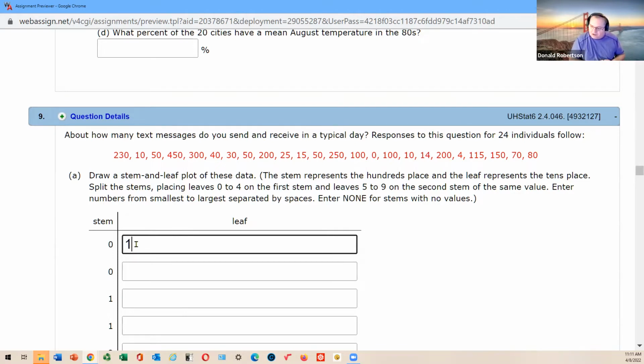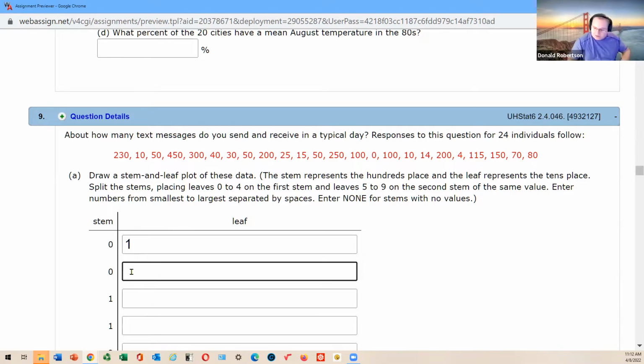That represents 10. 0 hundreds and a 1. The next number is 50. Do I put a 5 here, or do I put a 5 here? The top one or the bottom? Where does the 5 for 50 go? Top or bottom? The bottom. So we put the 5 here, right?